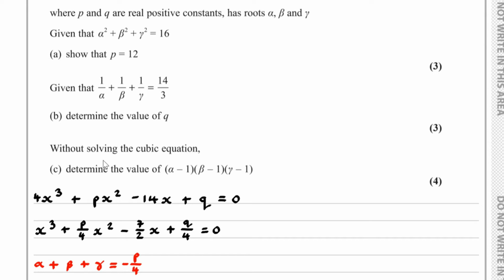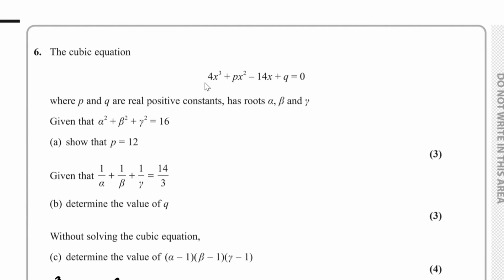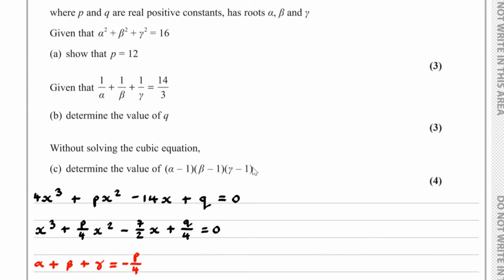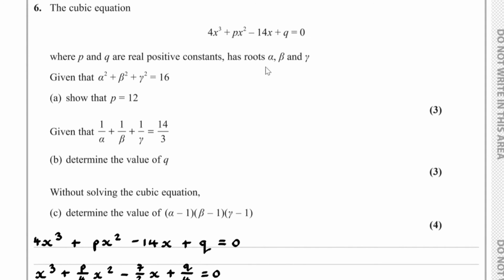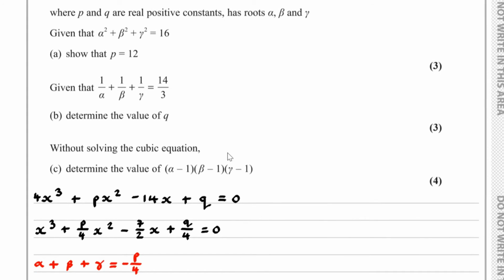Now, part C, without solving the cubic equation, we have to determine the value of alpha minus 1 times beta minus 1 times gamma minus 1. Now, if we compare our cubic equation with what we have here, well, for our cubic equation we had roots alpha, beta and gamma.